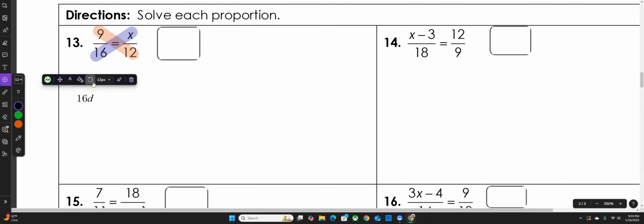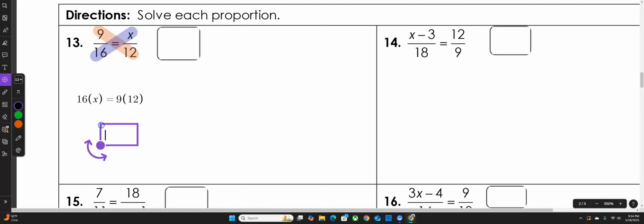So that means we're going to have 16 times x is equal to 9 times 12. So that's 16x equals 108. And again, we're going to divide both sides by 16.